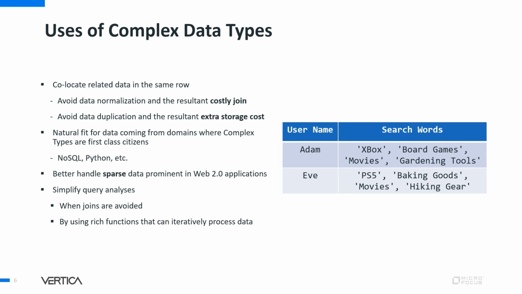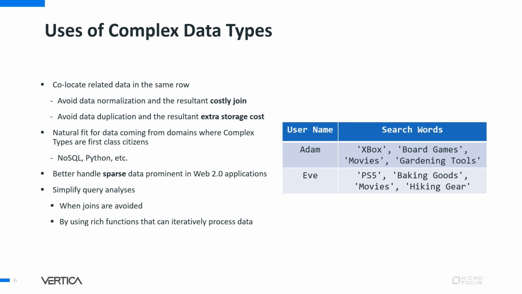A complex map type is also a great fit for sparse data or unstructured data, where some keys are present just some of the time, or sometimes new keys will just show up. This is something that might happen with HTTP requests in Web 2.0 applications.